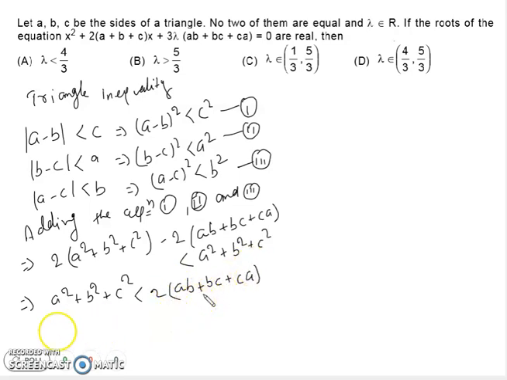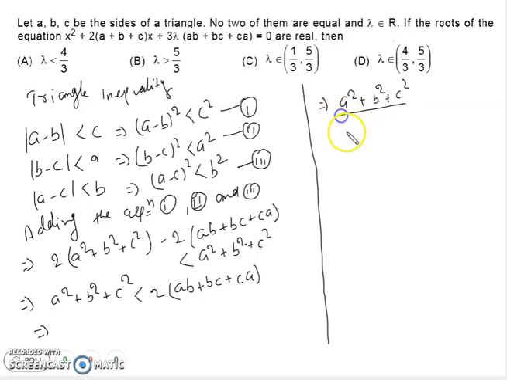Now after sending this all to this side, multiplication is converted into division, and we can write (a square plus b square plus c square) divided by (ab plus bc plus ca) is less than 2, right? Are you getting my points, guys?